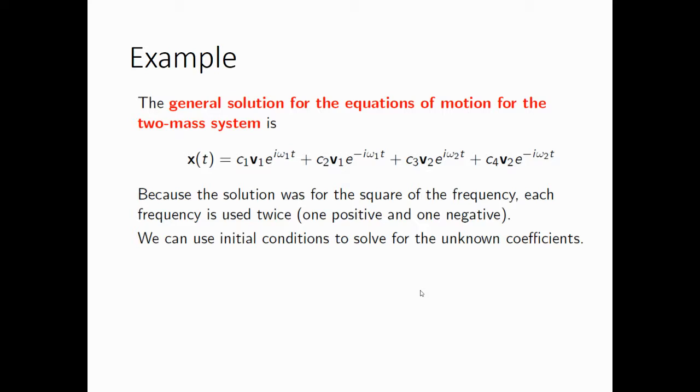And so the general solution of the equations of motion for the two-mass system is given by this equation for x. Because the solution was for the square of the frequency, each frequency is used twice, one positive, one negative. We can then use the initial conditions to solve for the unknown coefficients, assuming we know those initial conditions. Okay, so thanks so much for watching.